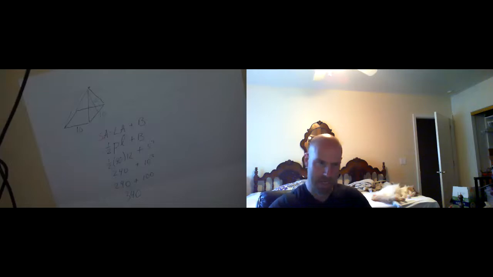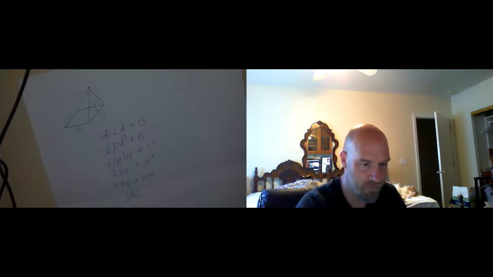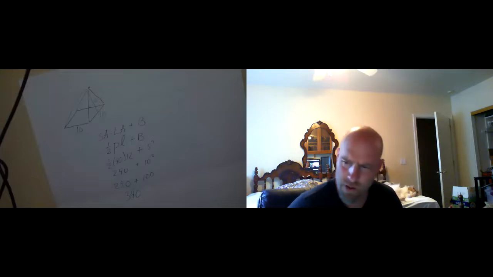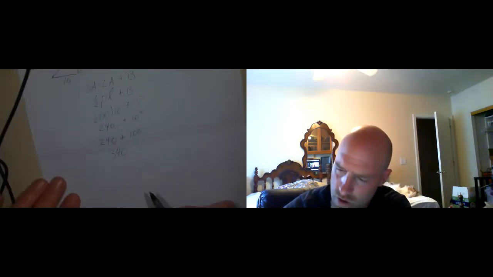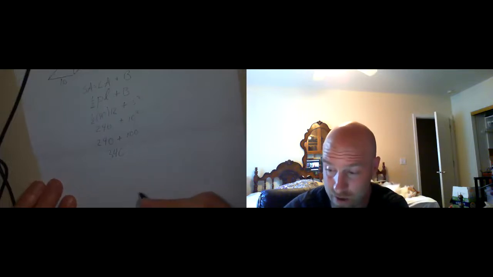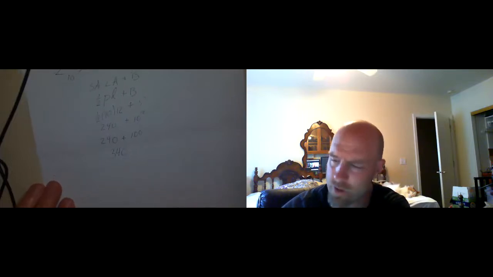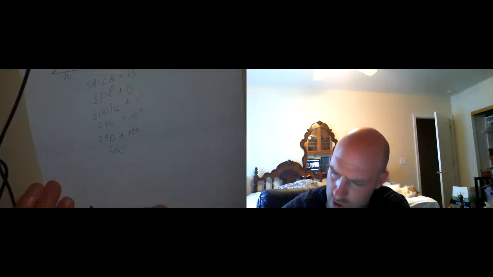Okay, let me pause you for a moment. I'm going to just check to make sure that there's nothing that I am missing. I feel like we got most of it, but there's something which we should review, and that is how to find the slant height given some other information.